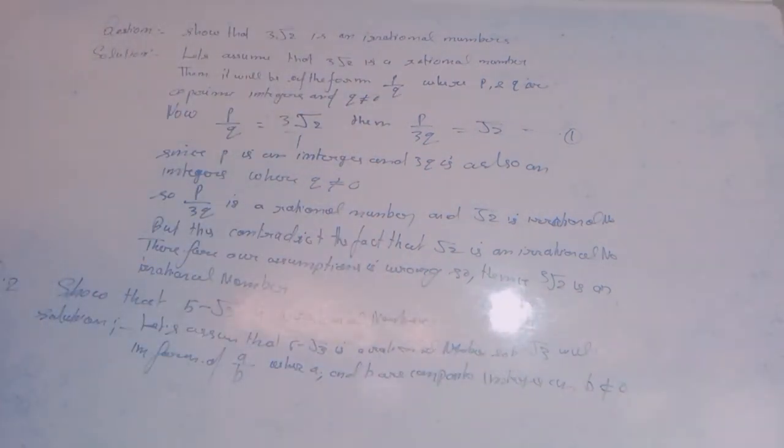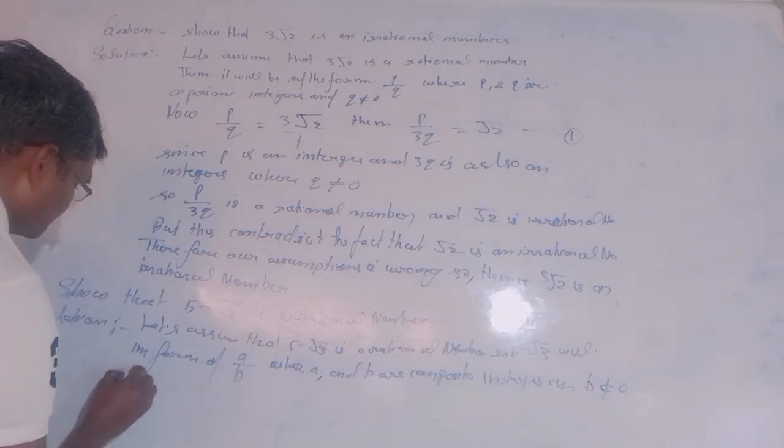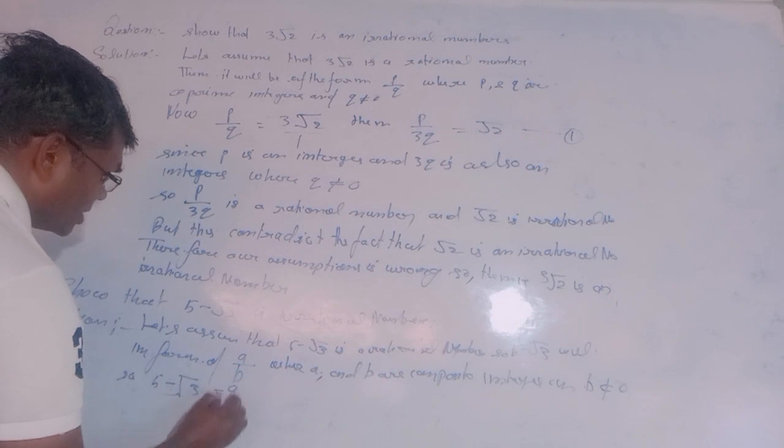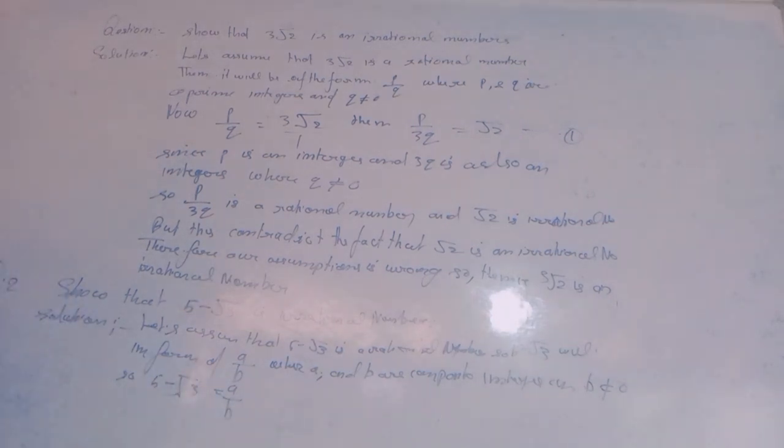Got it? So 5 minus root 3 is equal to a by b.